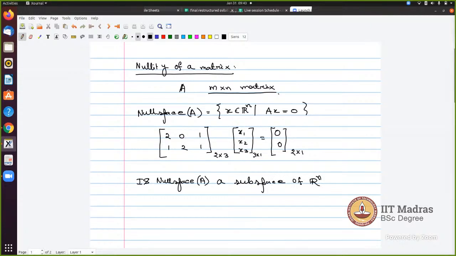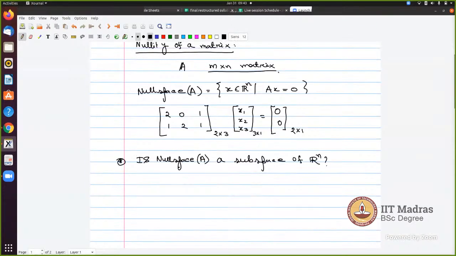So it is closed under addition, and also scalar multiplication. And 0 is obviously a trivial solution, because A0 is 0. So 0 belongs to null space.